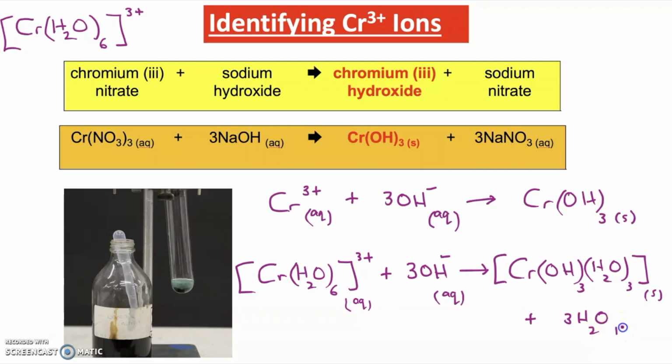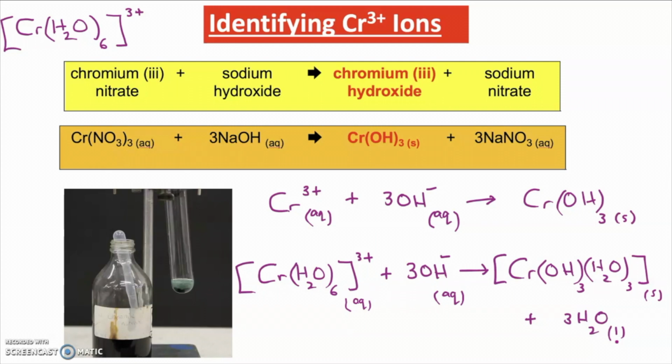Now the state symbols are aq for both reactants, s for the precipitate, and l for water because it's a liquid. Now when writing an ionic equation for a precipitation reaction, we only include the ions that form the precipitate, because the other ions, in this case the nitrate ion and the sodium ion, are spectator ions, as they don't take part in the main precipitation reaction.